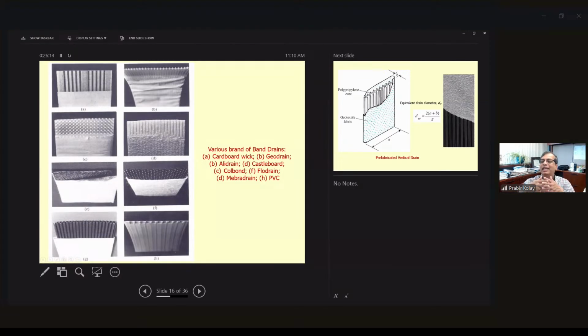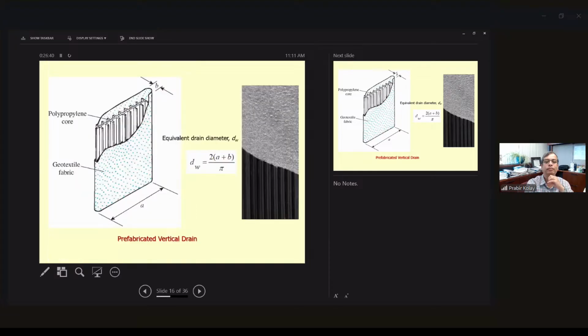Basically, inside there is a high density polyethylene material, and on the outside there is a geotextile, so that the very fine clay particles, less than 2 micron or 0.002 millimeter, do not go in and block the drain. Although blocking sometimes happens, you cannot avoid that.